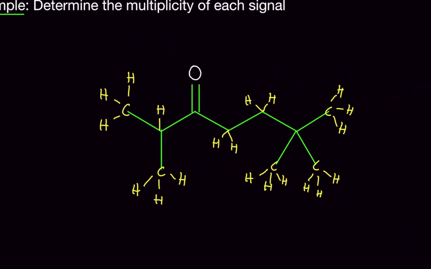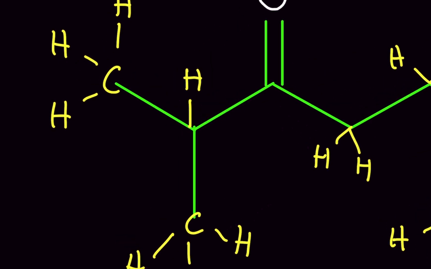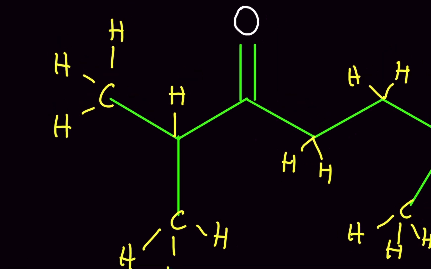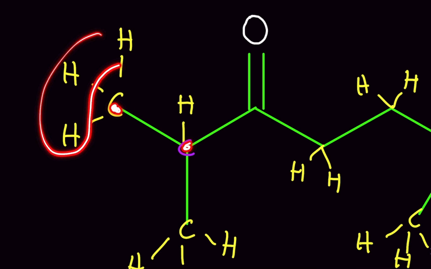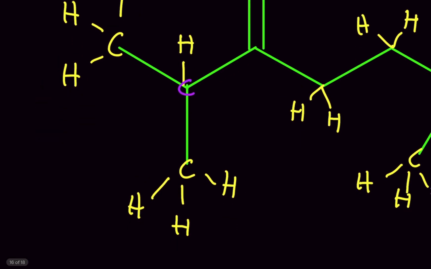So let's take a look at this proton right here. How many neighbors does it have that are one carbon or two carbons away? So we have a carbon here, right? So this is one carbon and two carbons. There are three protons here, and if we go in this direction, we have one carbon, two carbons, and three protons here.